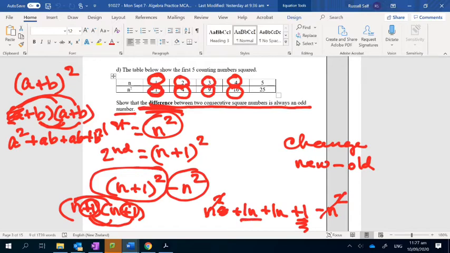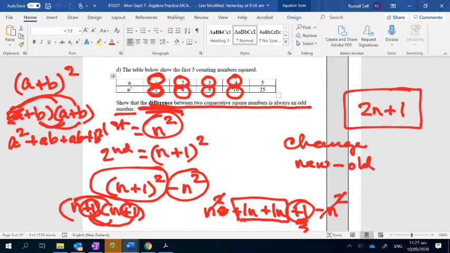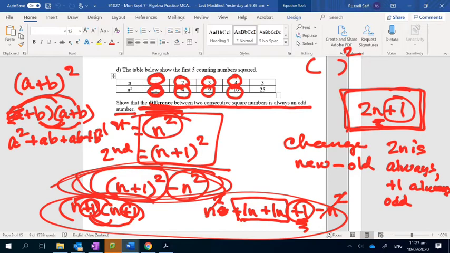Now, we also have this, right? What's n plus n going to give us? 2n. Plus 1. Okay? Oh no, it's got to be minus. Okay. So they're wanting to see that you can square a bracket.